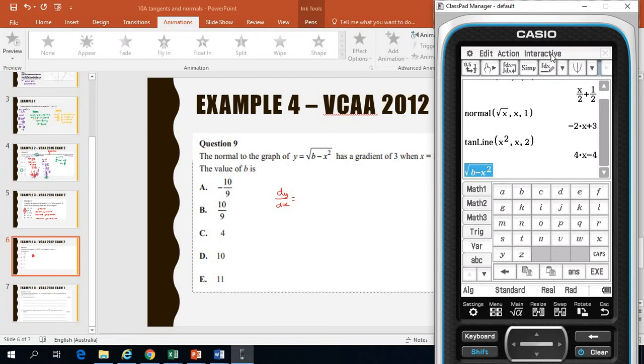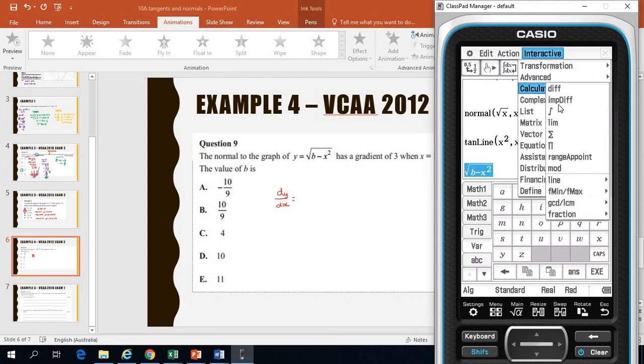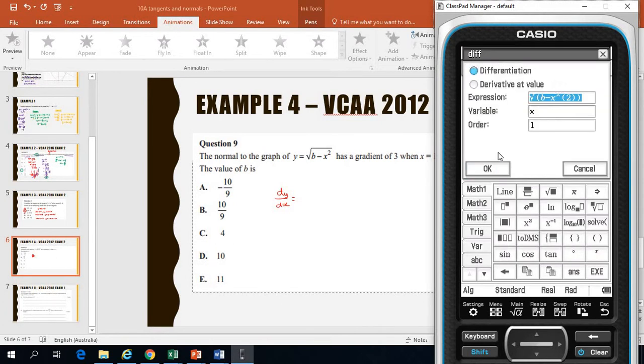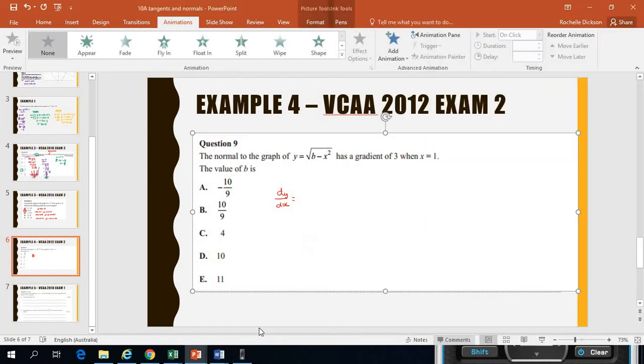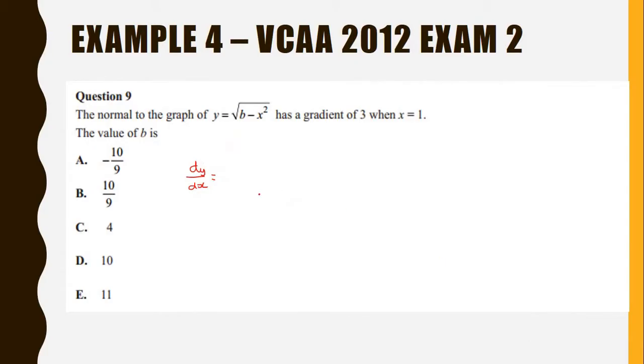We can differentiate this, interactive calculation diff, and we get our derivative there. So we've got our derivative, we can write here, which was negative x, look back at the calculator, over square root of negative x squared plus b.